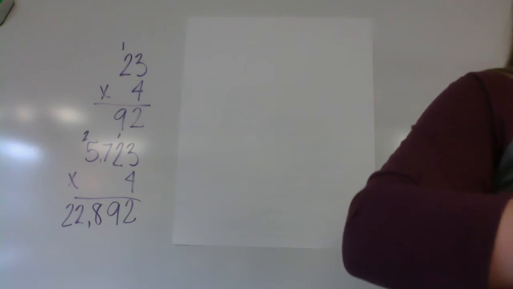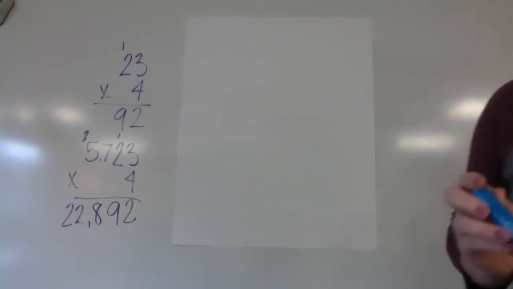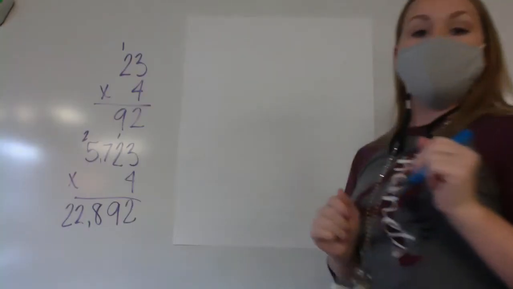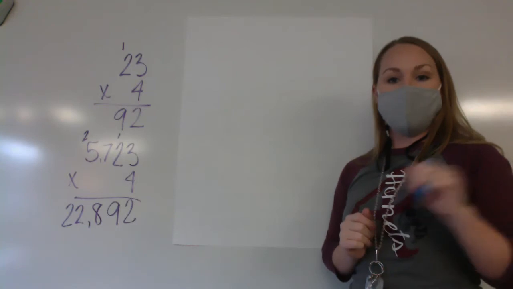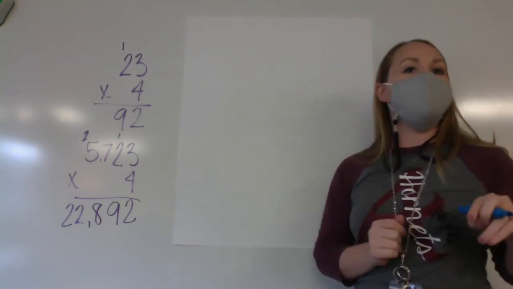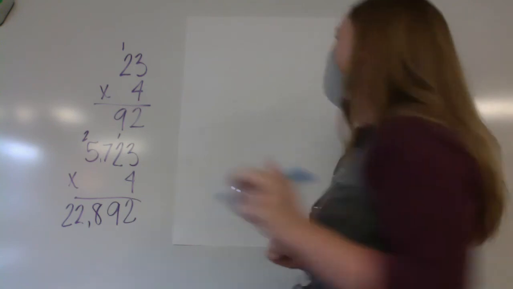All right. So today, we are going to do the standard method for 2-digit by 2-digit multiplication, okay? So let's get in our journals for this. Just go to the next clean page. At home, get a piece of paper out and you can follow along with us. You don't need to put anything up, it's fine.